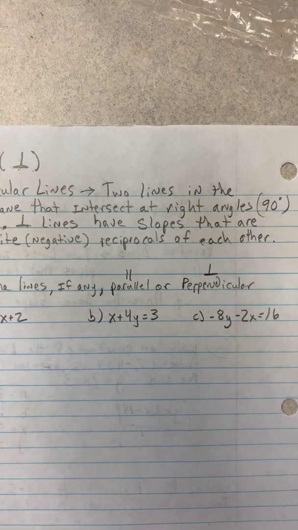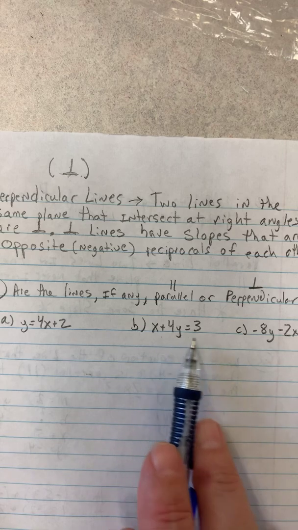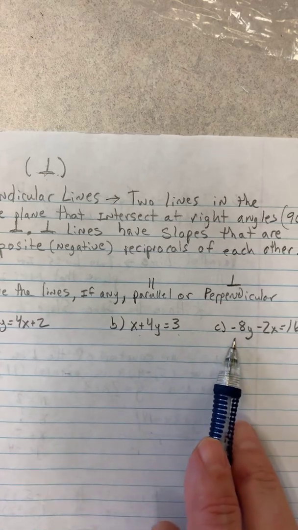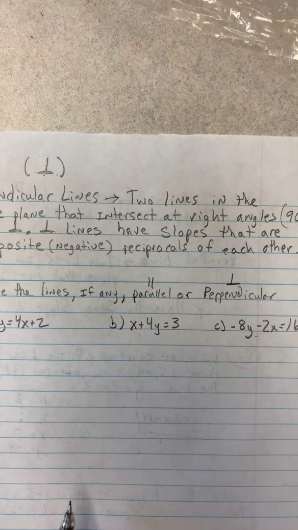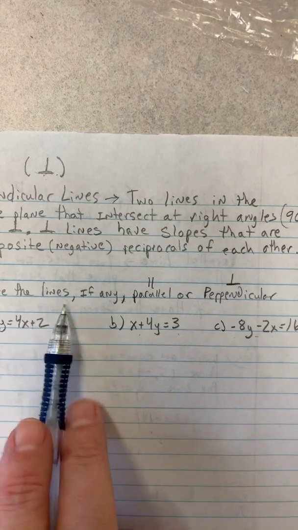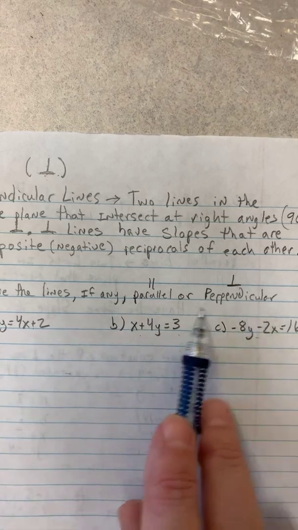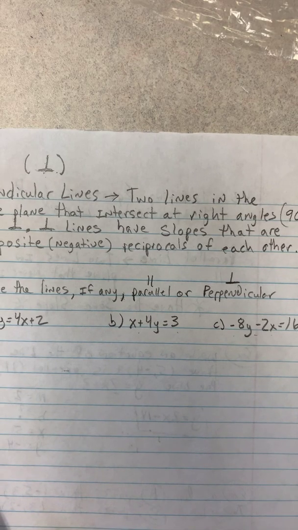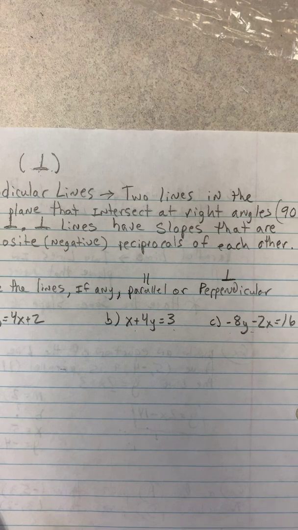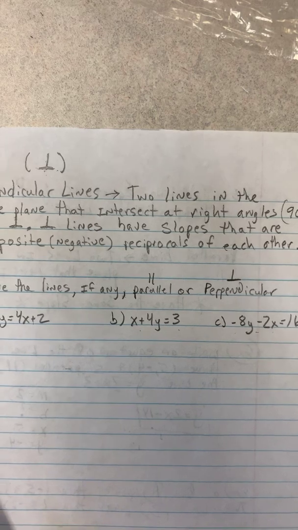Equations of 3 lines. y equals 4x plus 2. x plus 4y is equal to 3. Negative 8y minus 2x is equal to 16. And we want to know, are any of these parallel to each other, or are any of them perpendicular? When you're given equations, even if you graph these, you still can't prove that they're parallel or perpendicular unless we look at the slope.